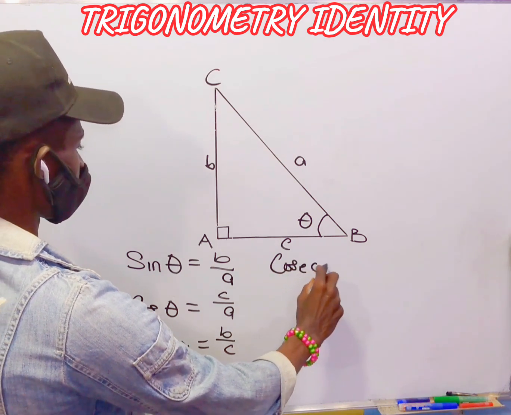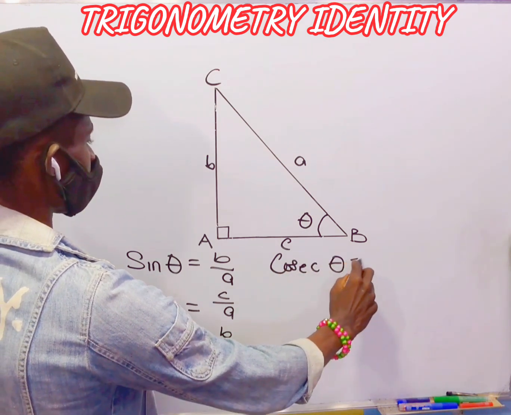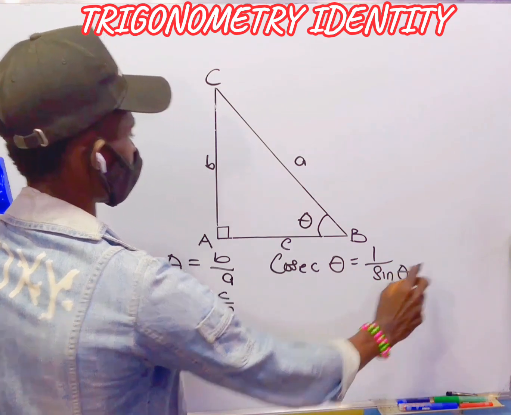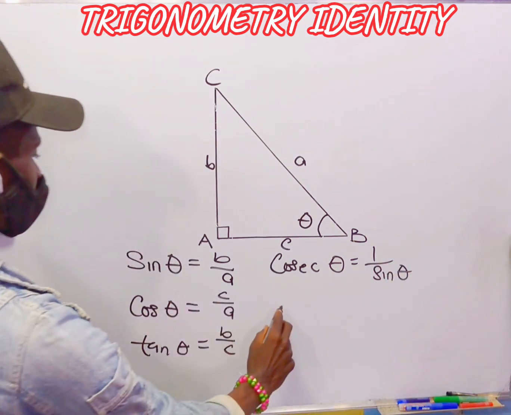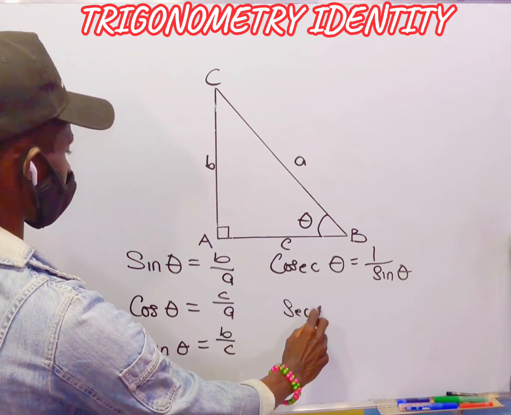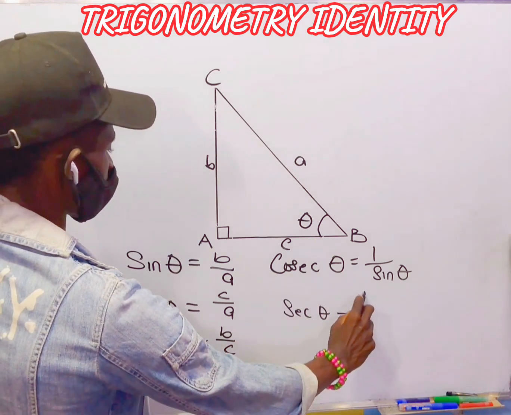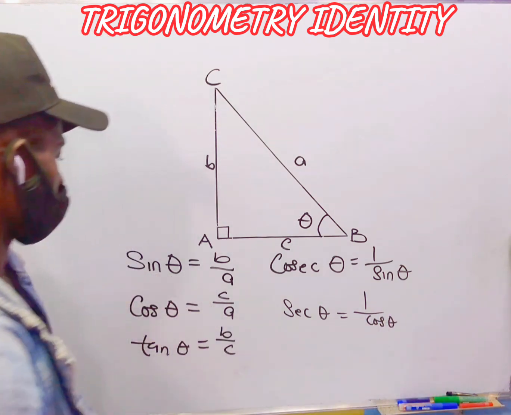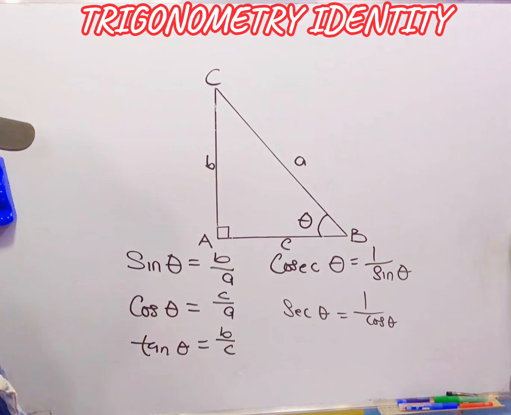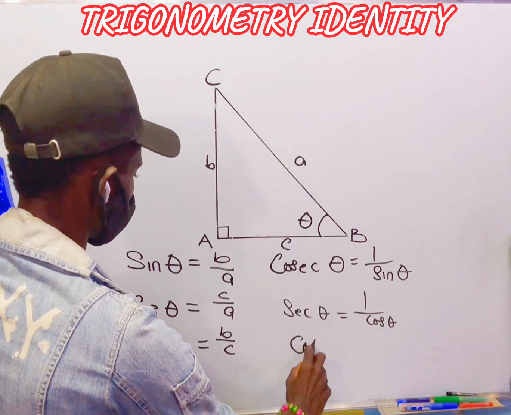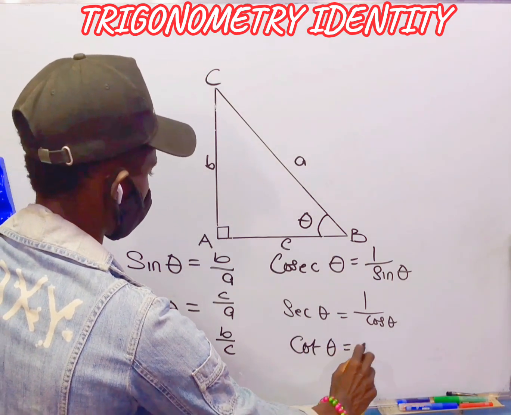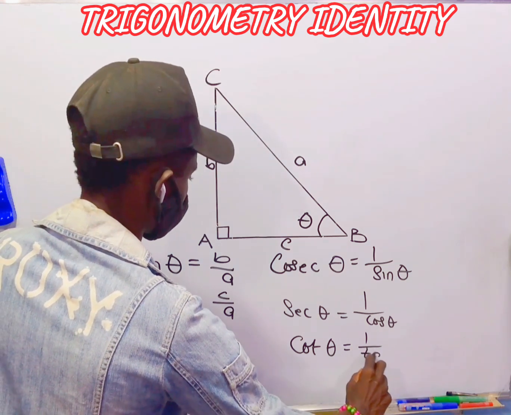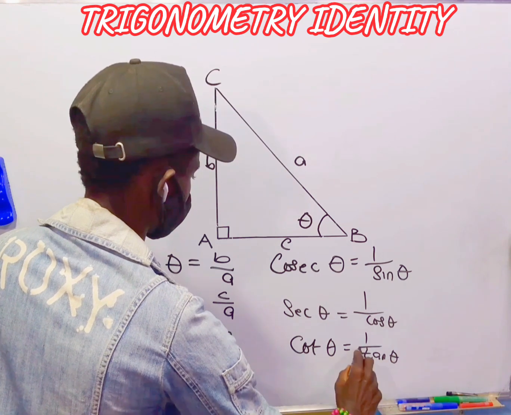Cosec theta is equal to 1 over sine theta, whereas sec theta is equal to 1 over cos theta, and cot theta is equal to 1 over tan theta.